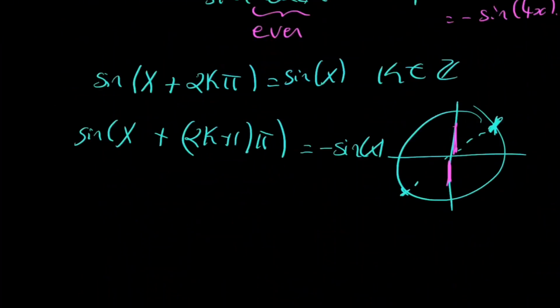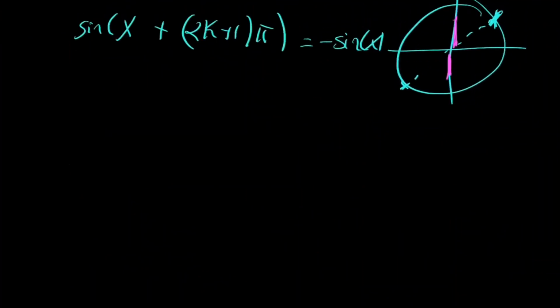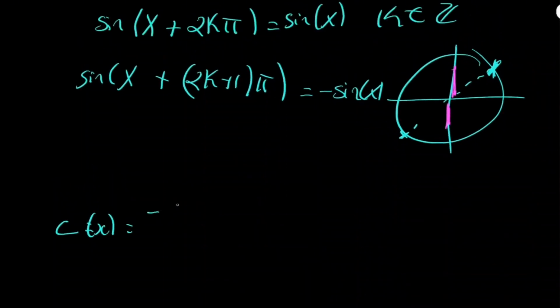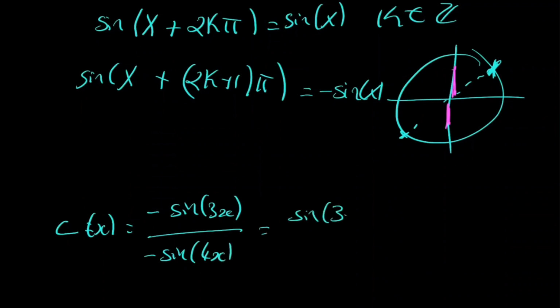So let's rewrite C. So C of x, the expression inside of the limit, is equal to minus sinus of 3x over minus sinus of 4x, which is equal to sinus of 3x over sinus of 4x.